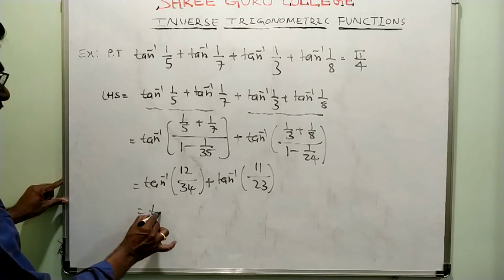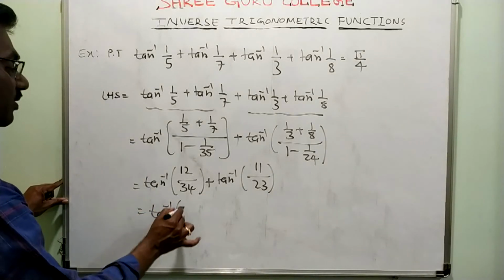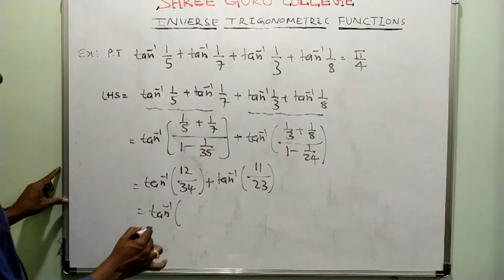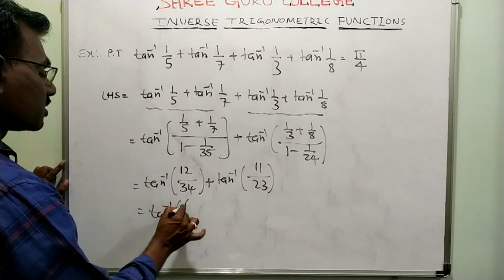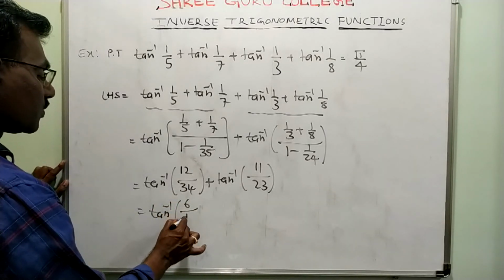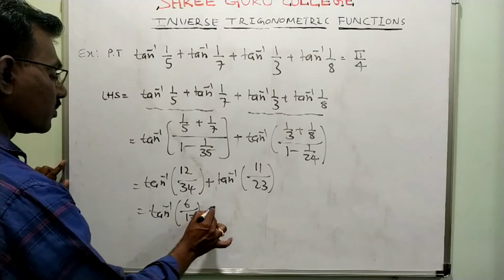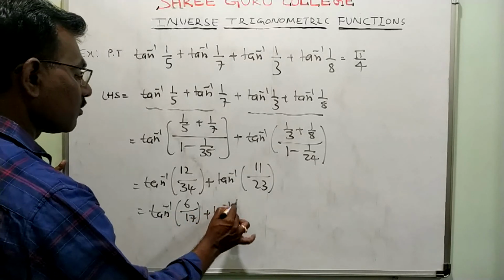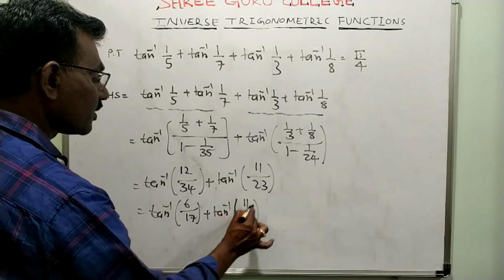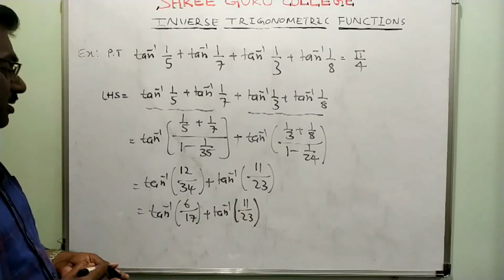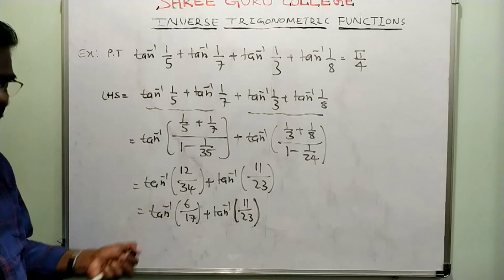Better to simplify that: 12 by 34 is 6 by 17, plus tan inverse of 11 by 23.